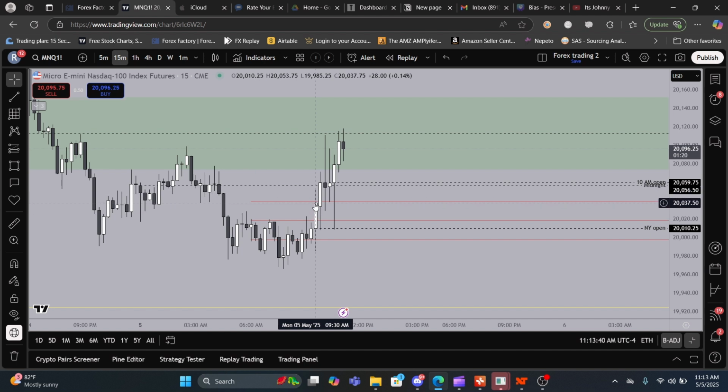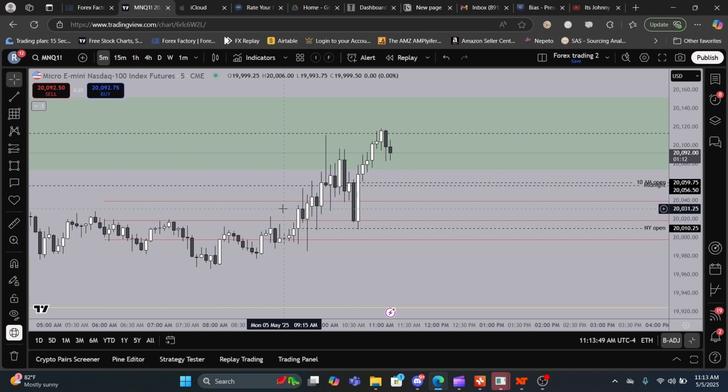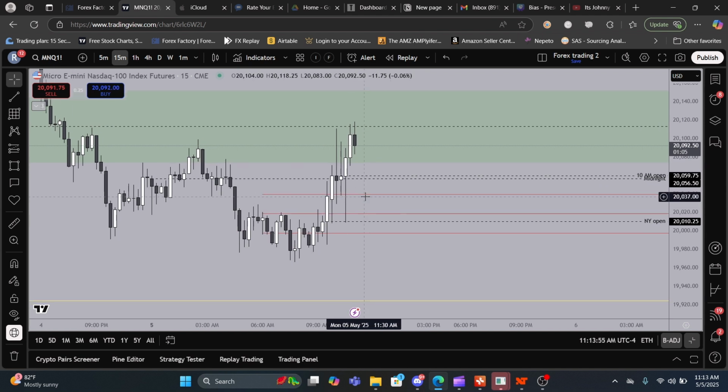So on a lower time frame, this is literally a move up and then a pullback. This is like an order block on a lower time frame, probably. Maybe not an order block, but it's a pullback. And that's what price is doing, right? Order blocks, all these things, we're essentially just waiting for price to come back into areas that have pulled back, okay? So I liked that as a zone.